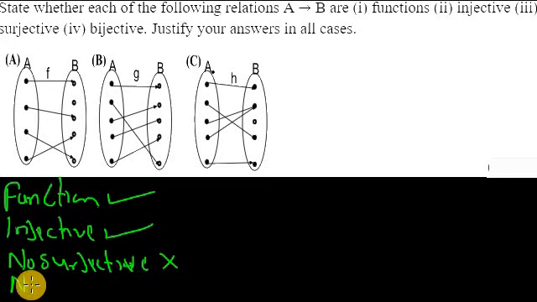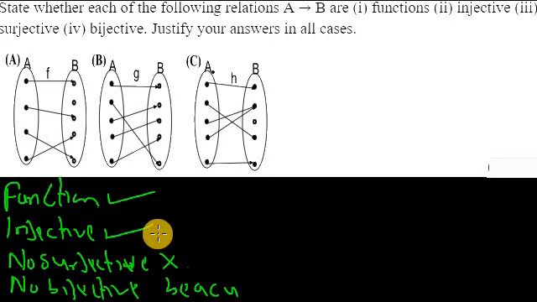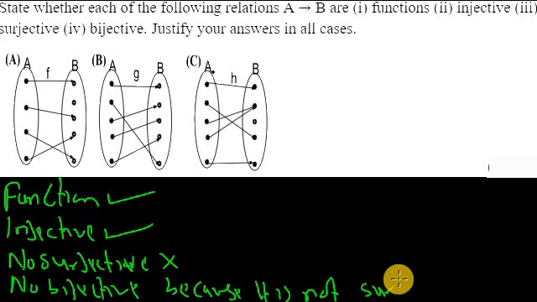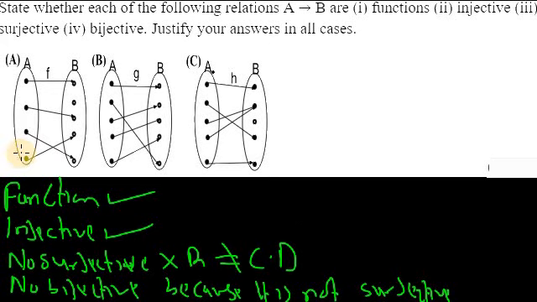It is not bijective because it is not surjective. It is not surjective because range is not equal to codomain. That's it for the first one.